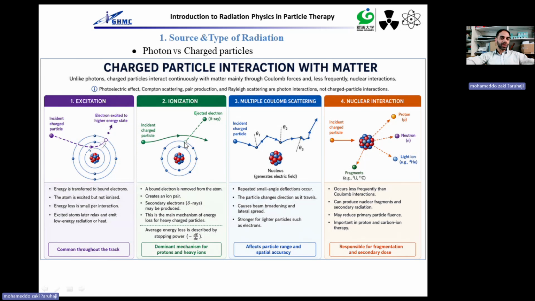This hole, because the electron here was negatively charged, when the electron is removed, the hole becomes positively charged. So we call it ionized. This area should be negative, but the negative has been removed, so now it is positive charge.